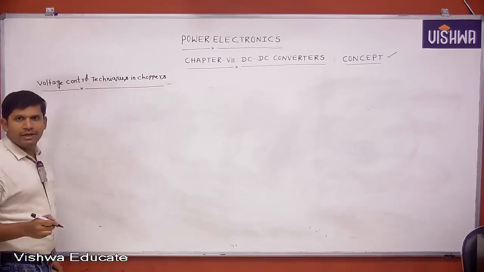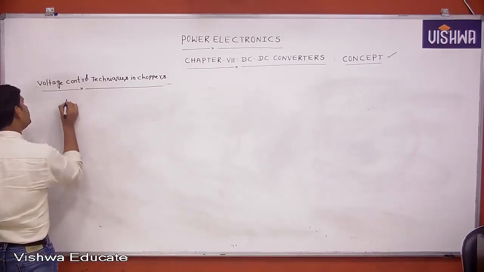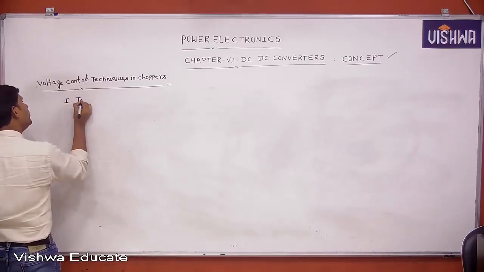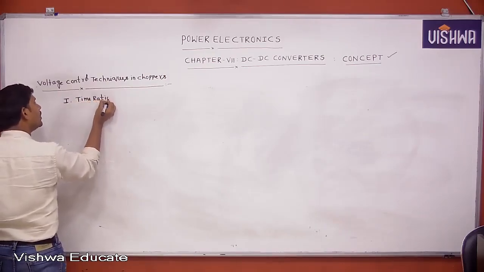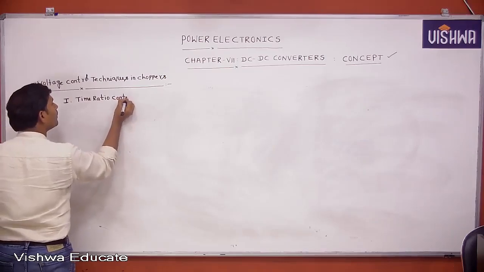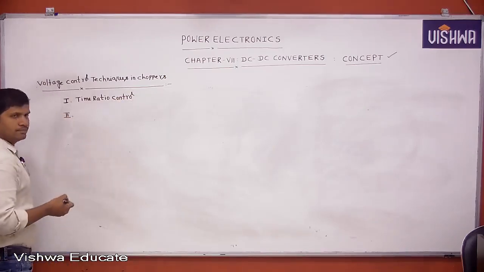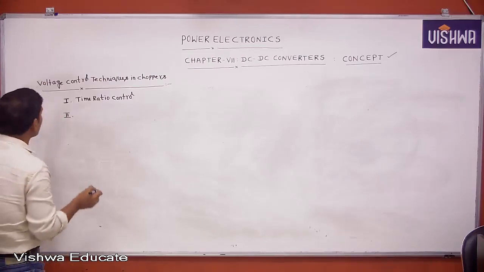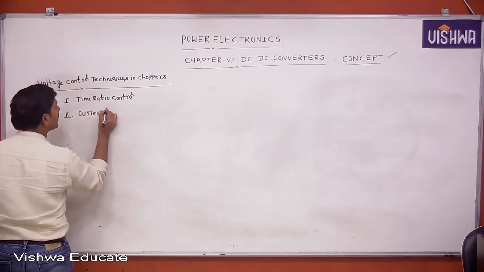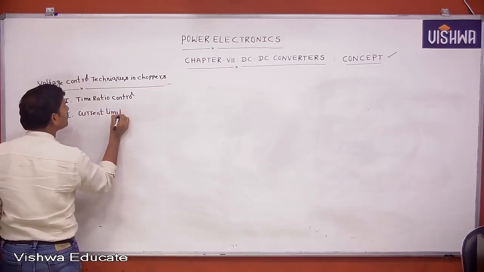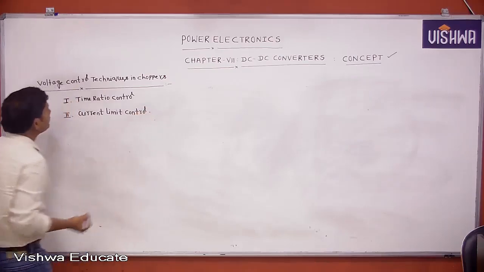In general, voltage control techniques are broadly classified into two types. One is time ratio control, and another one is current limit control.